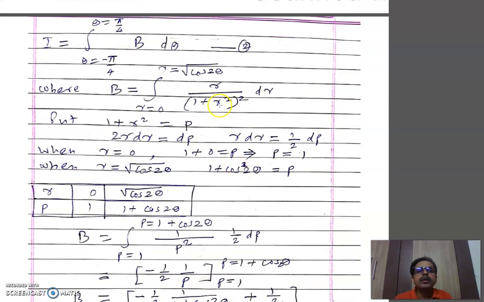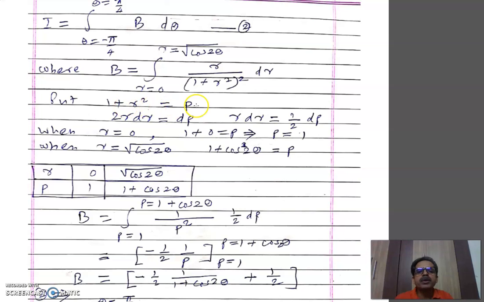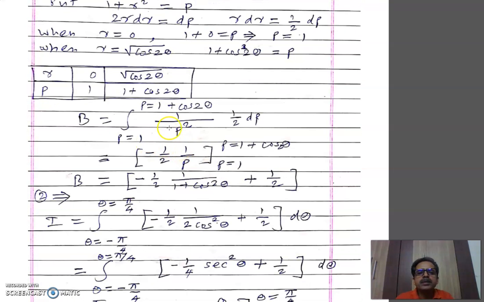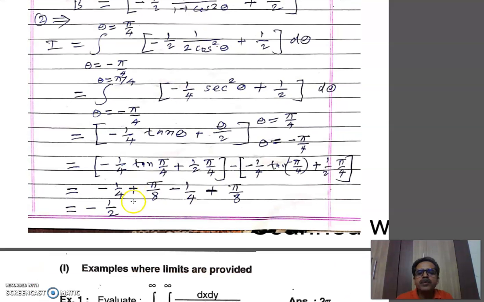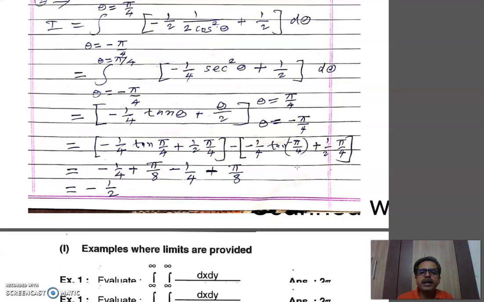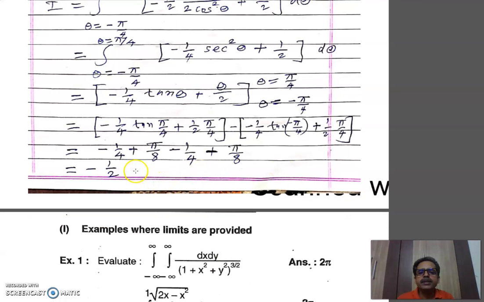Here we make a substitution 1 plus r square equal to p, so that the integral can be converted into p, and like this we can obtain the value of B and put this value of B here, and then split this into two terms. The integration is quite easy. The integration of sec square theta is tan theta, with limits of theta minus pi by 4 to plus pi by 4. You know tan of minus theta is minus tan theta, so you can get the answer minus 1 by 2.